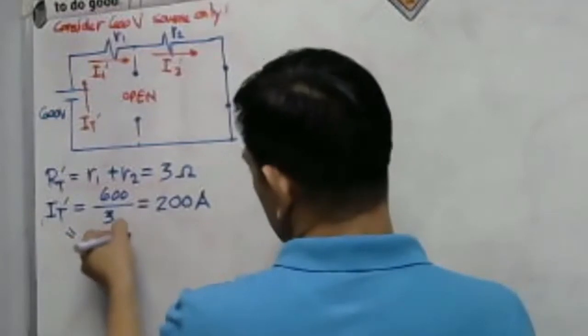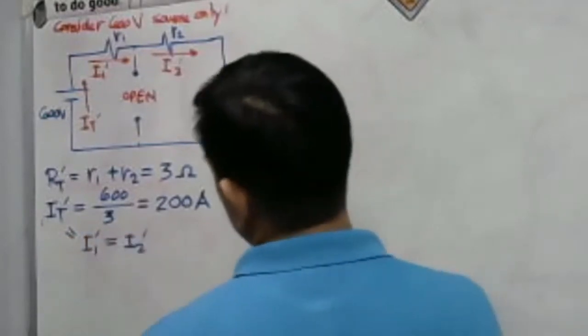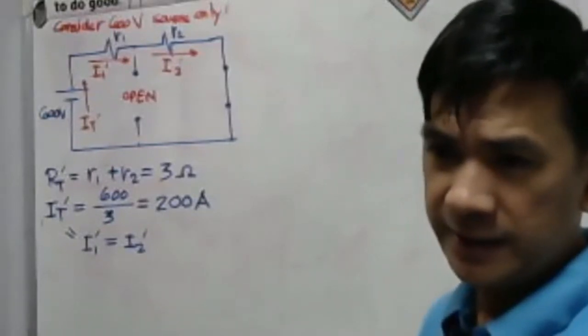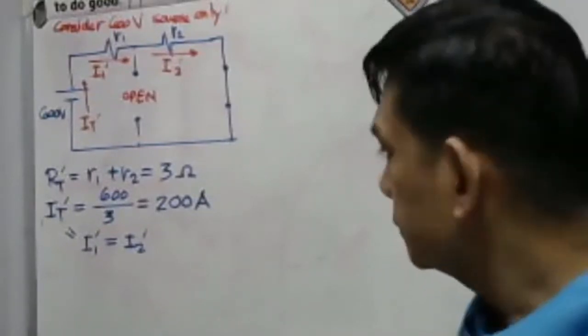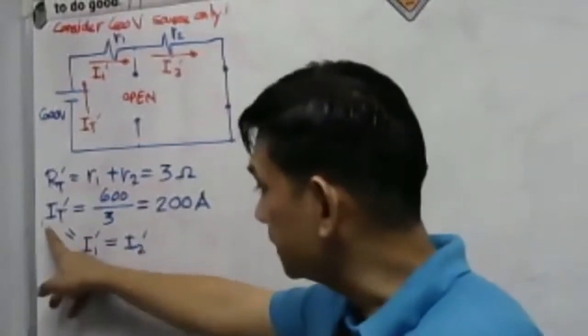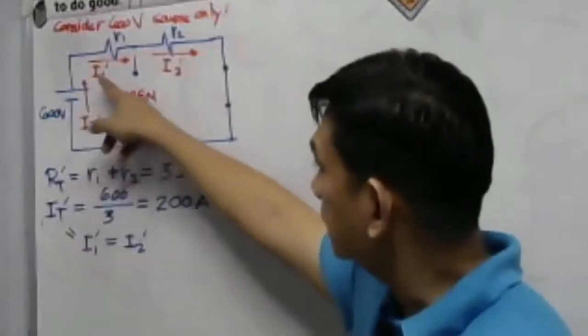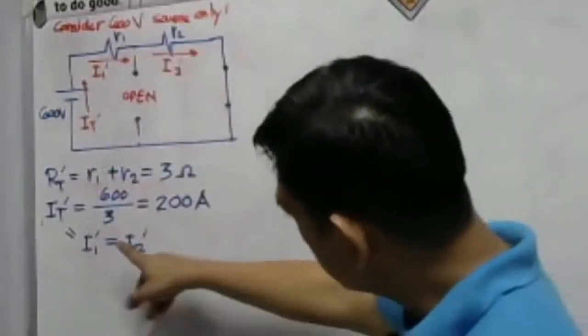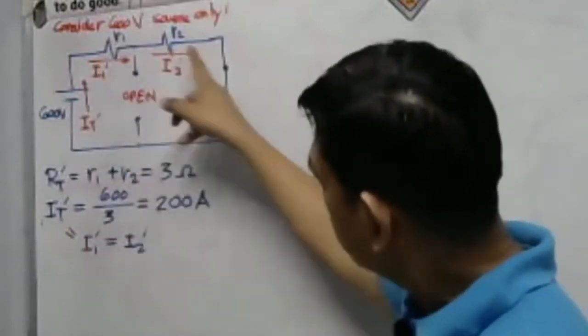That is also equal to I2 prime. I1 prime and I2 prime. Did you get that? Okay? So yun din yun. No? Just the same. Because that is just a simple series circuit. Okay? Series circuit lang yan. Ha? Okay?